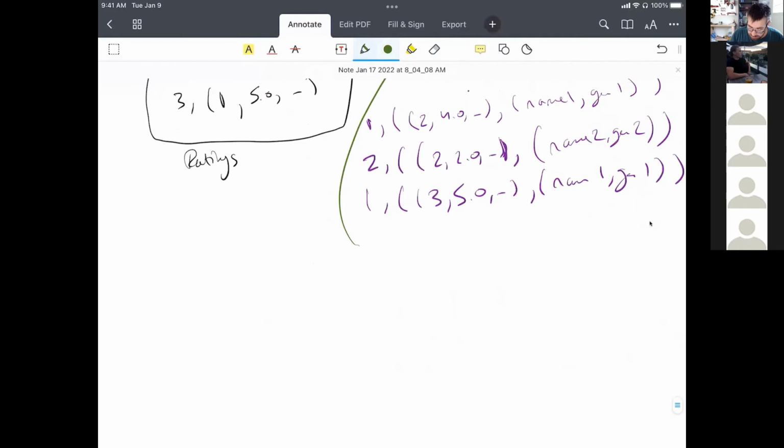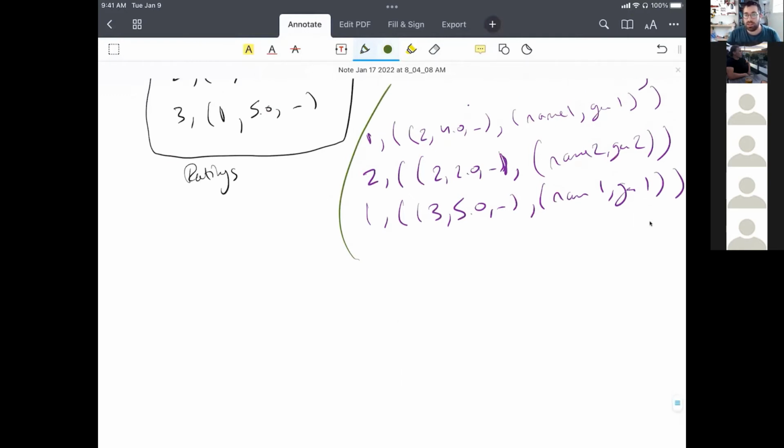So now we want to transform this into just one tuple instead of all of these tuples inside of each other.